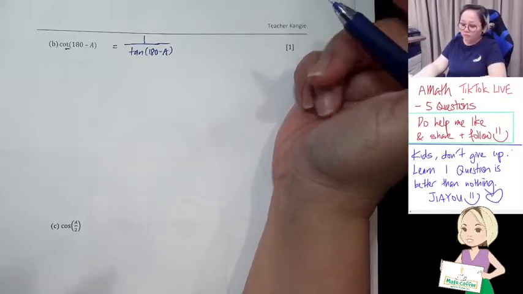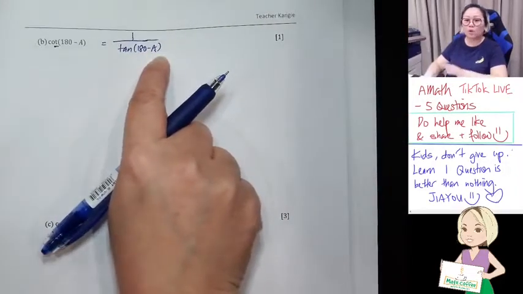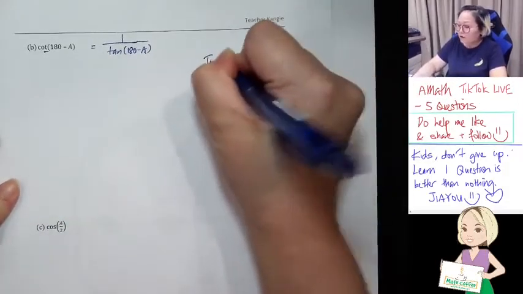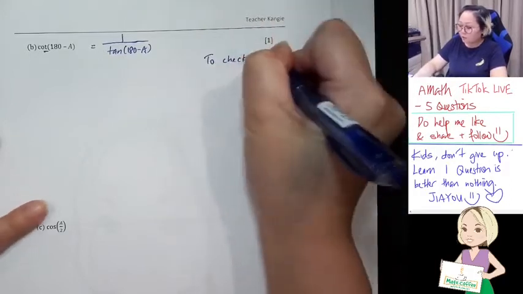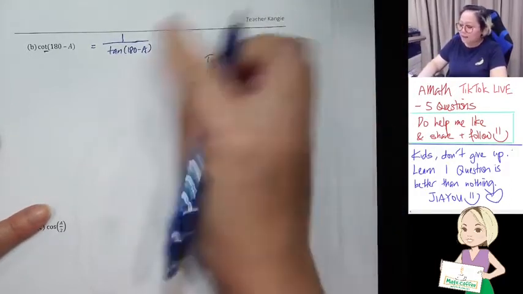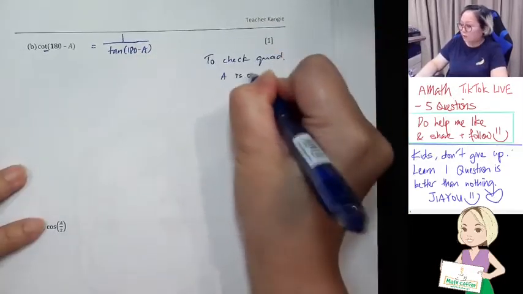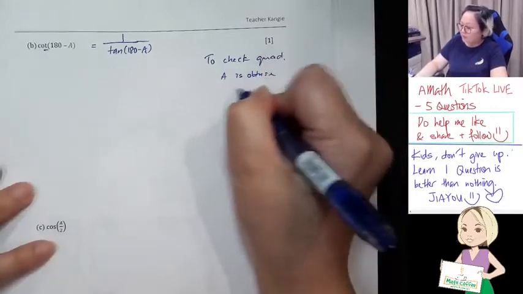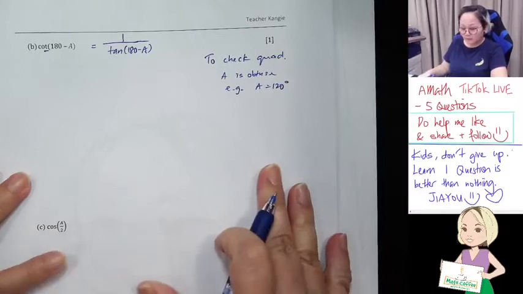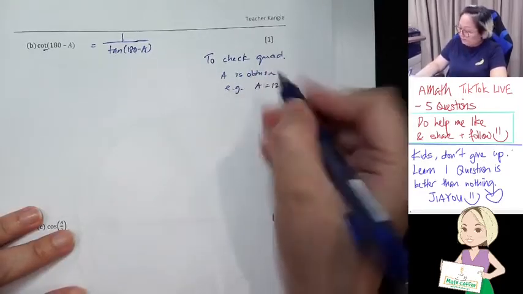So how do I know in which quadrant this 180 minus A is? What I do is, on the side, I will do a check to see which quadrant it is at. For example, because we know that A is obtuse, we give an example: say your A is 120 degrees.